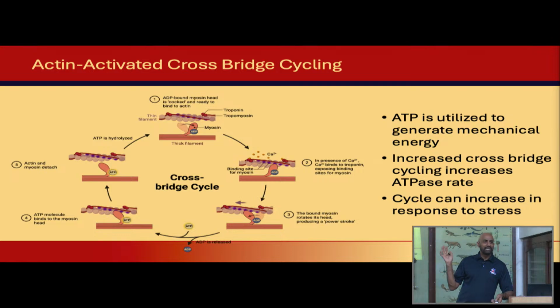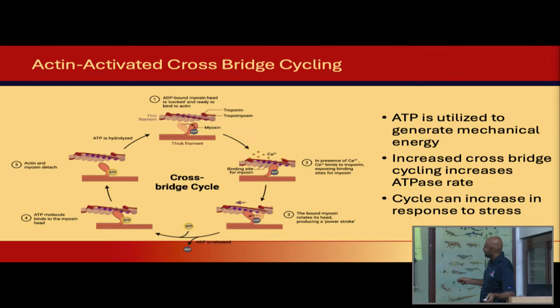If you look at any biochemistry book, how muscle works, this is a kind of cross-bridge cycling. In this one, every beat, every contraction, you can see ATP comes in, binds to myosin, and at the same time calcium binds to troponin C. Once that binds, the myosin is now exposed to interact with the actin.